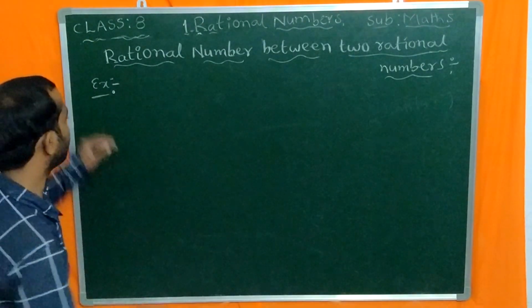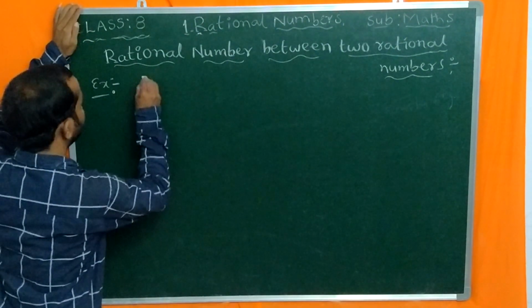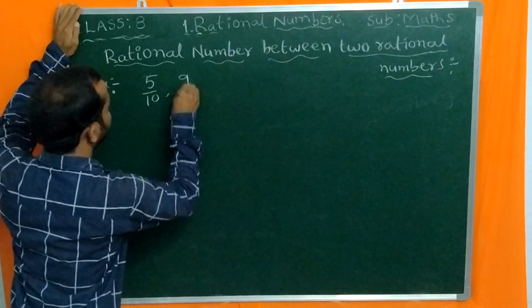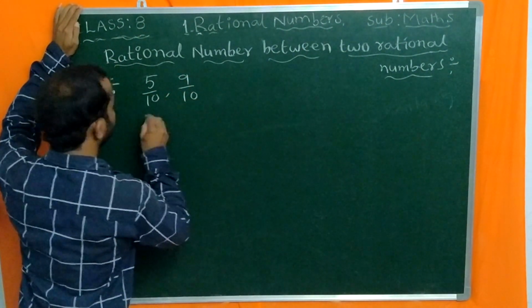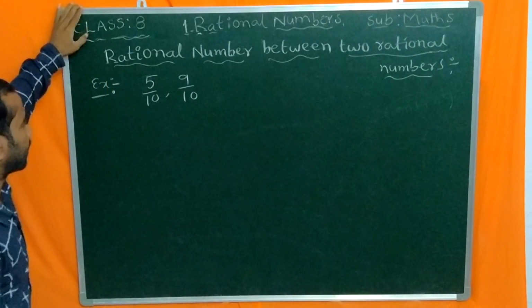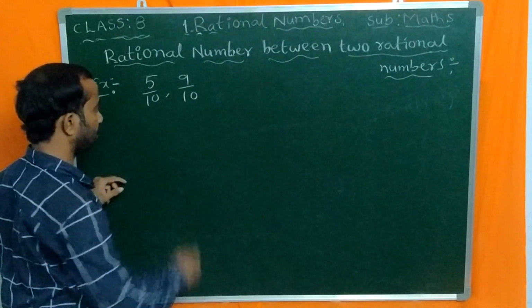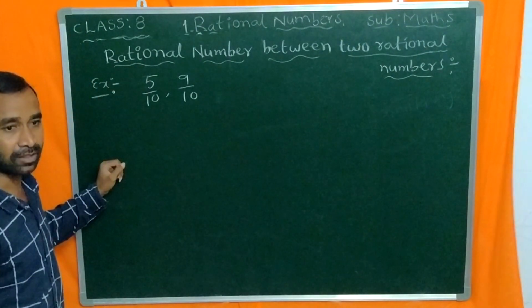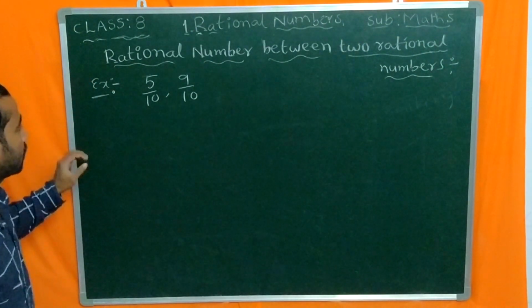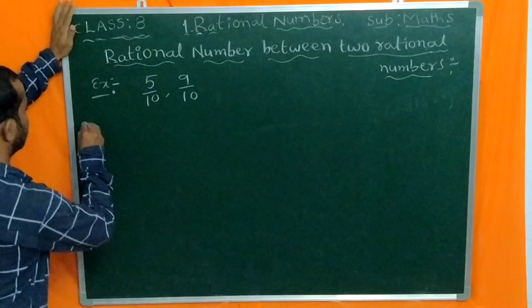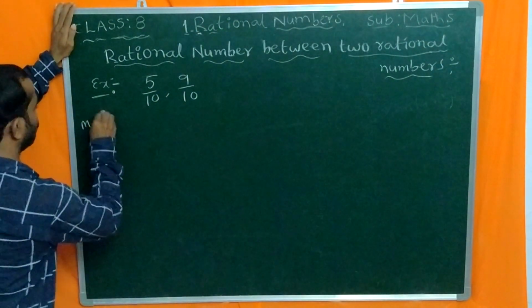For example, you can write 5/10 and 9/10. We can write 100 rational numbers between 5/10 and 9/10. It is so difficult, so we can use another method, that is the second method, method 2.